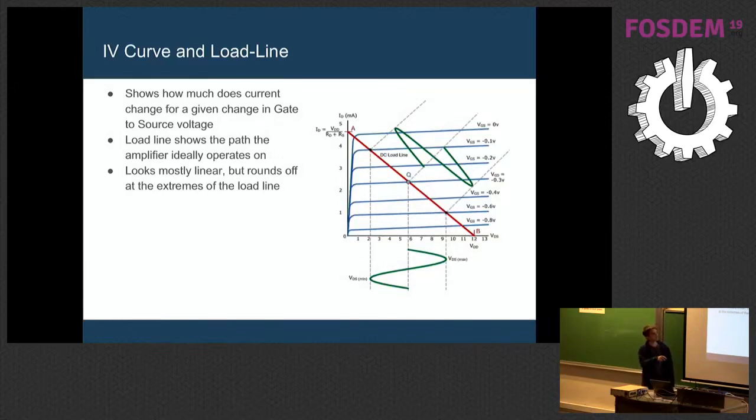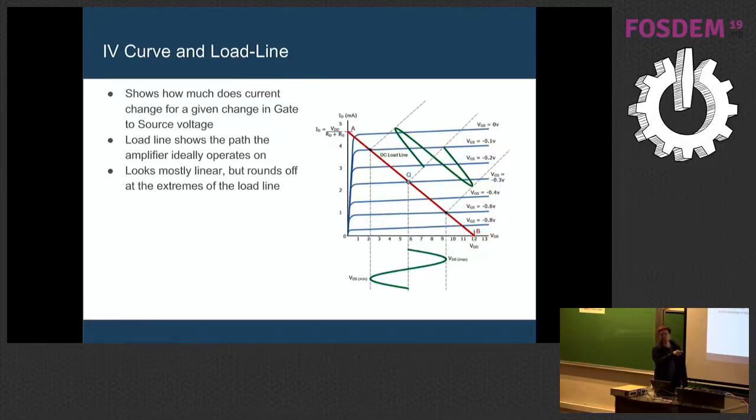What we're looking at here is the current at the output as a function of the drain source voltage, so that power supply rail that you're putting in. Each one of these lines represents a different control voltage, the gate source voltage. So we're going to be jumping from line to line to line as our control input, which is why we end up operating on a line here.